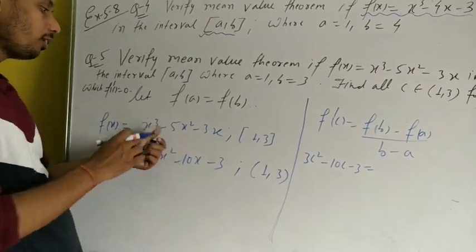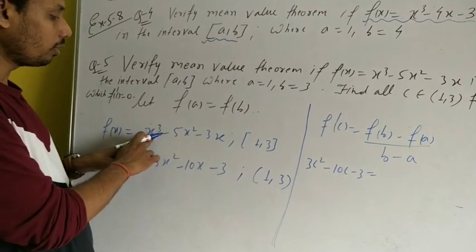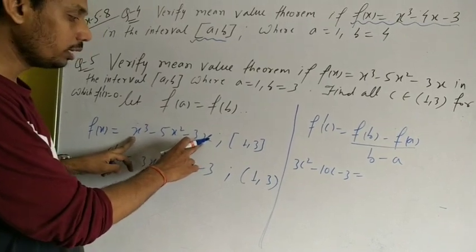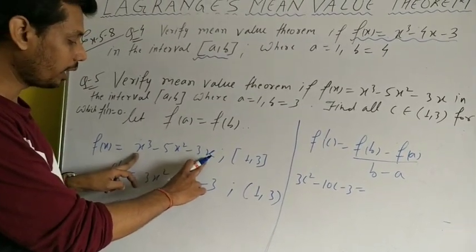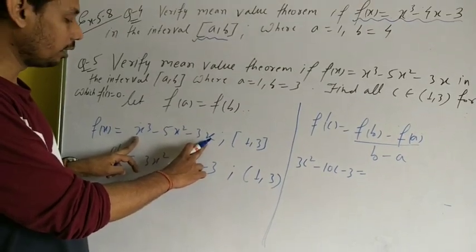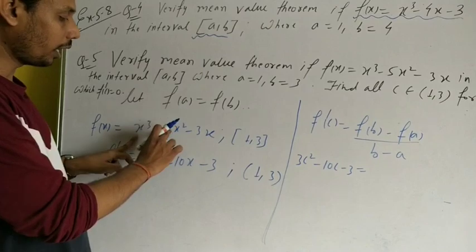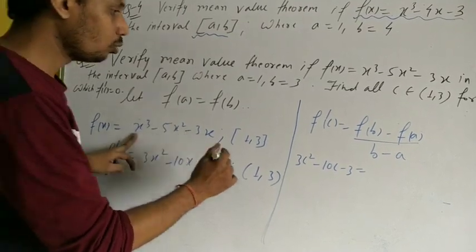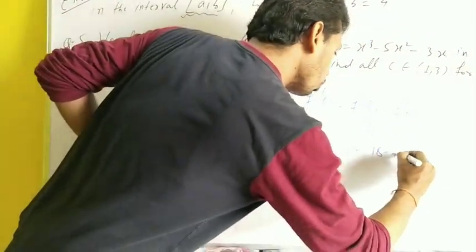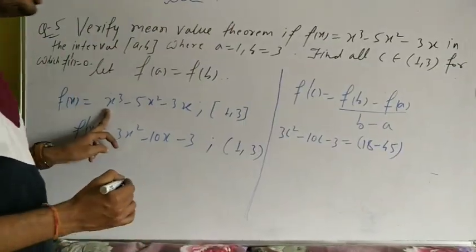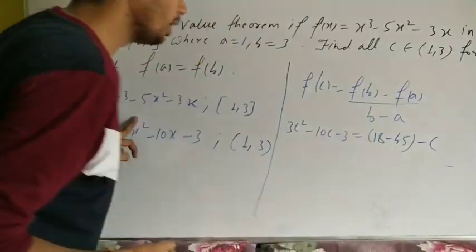So 3 cube is 27, and 3 square is 9, so 27 minus 9 is 18. And 9 into 5 is 45. So we are getting here 18 minus 45. This is the value of f of b.